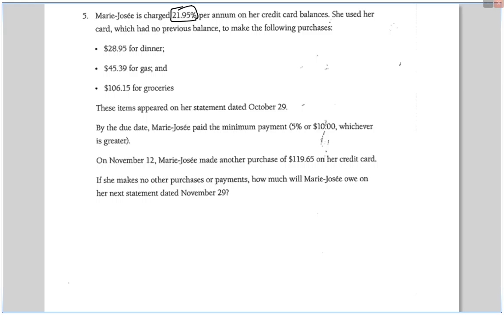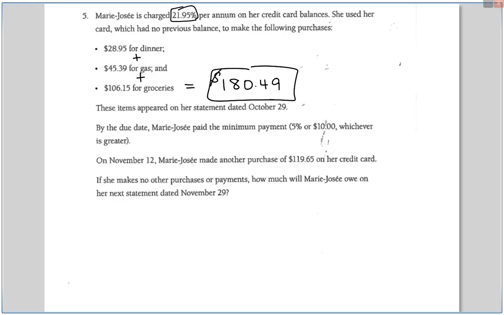Alright, she used her card, which had no previous balance, to make the following purchases. Okay, add them up. That's her total bill: 180.49.